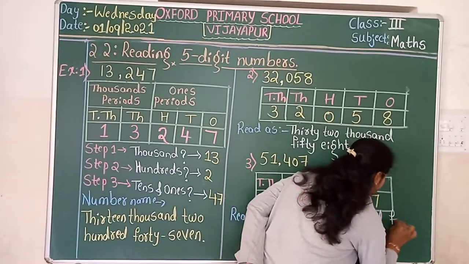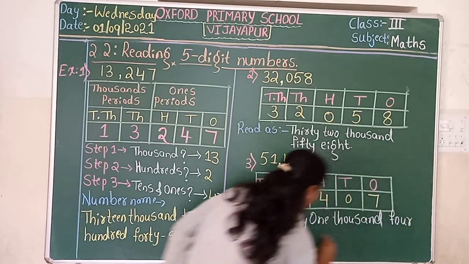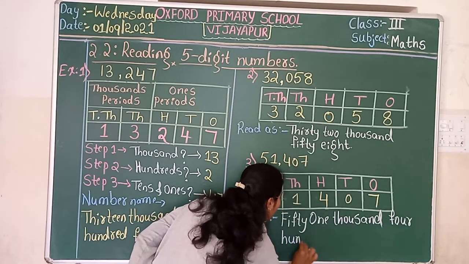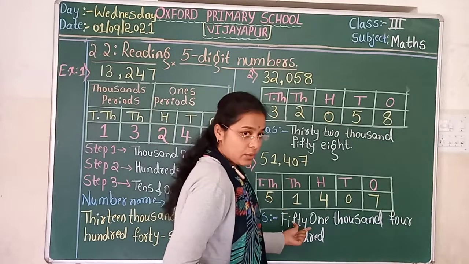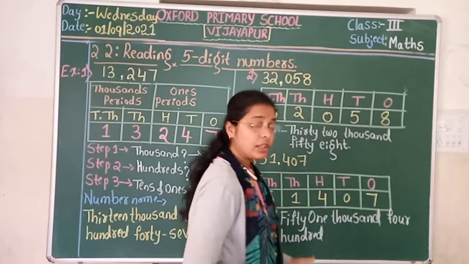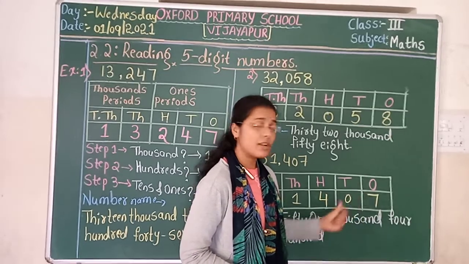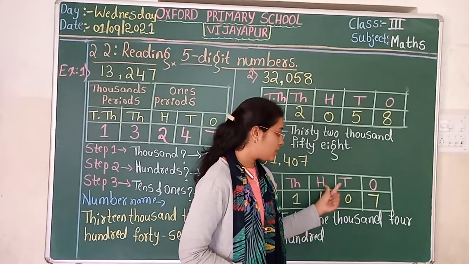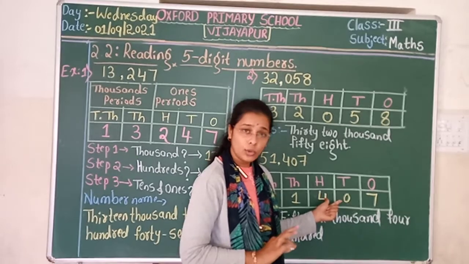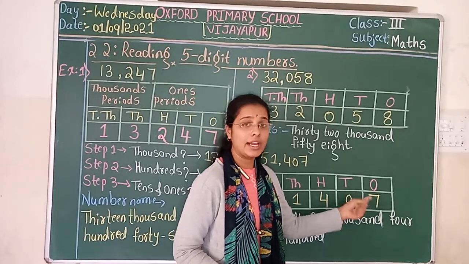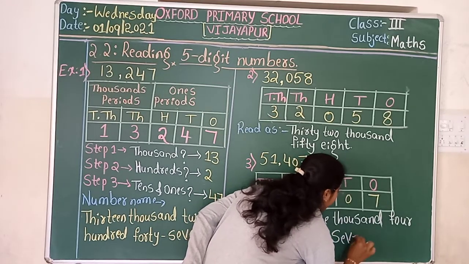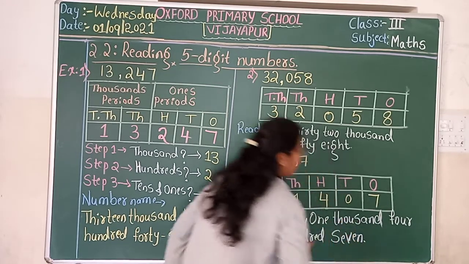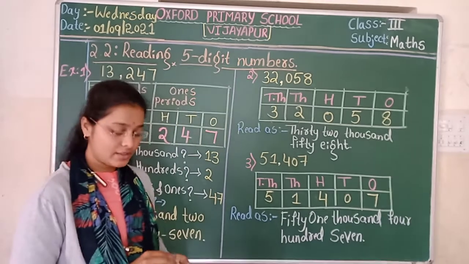So write down as 400. We did separation of 1,000, 100 separately we wrote. Now we have to write tens and ones place directly. We are having 0 in the place of tens, so no need to write. Directly we will write a 7. What the spelling of 7? Seven, 7. Understood children? These 3 examples.